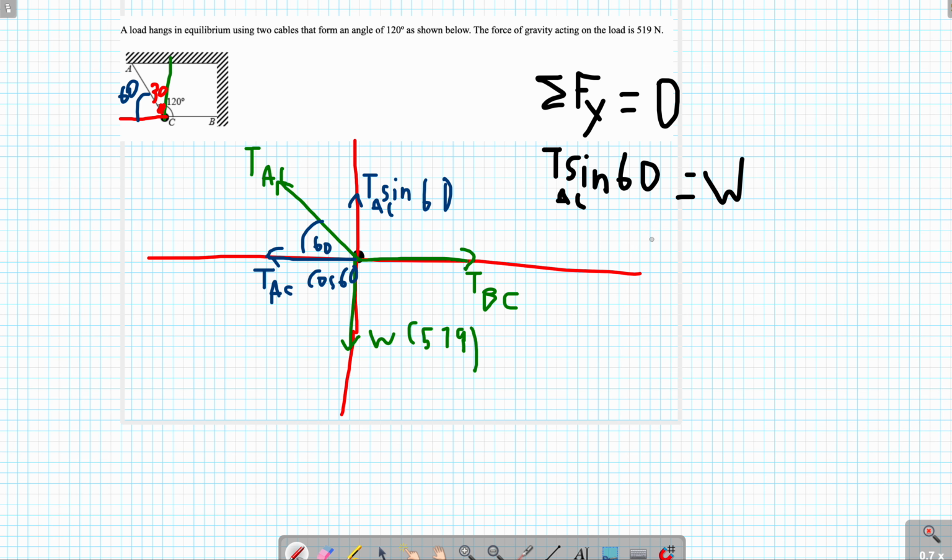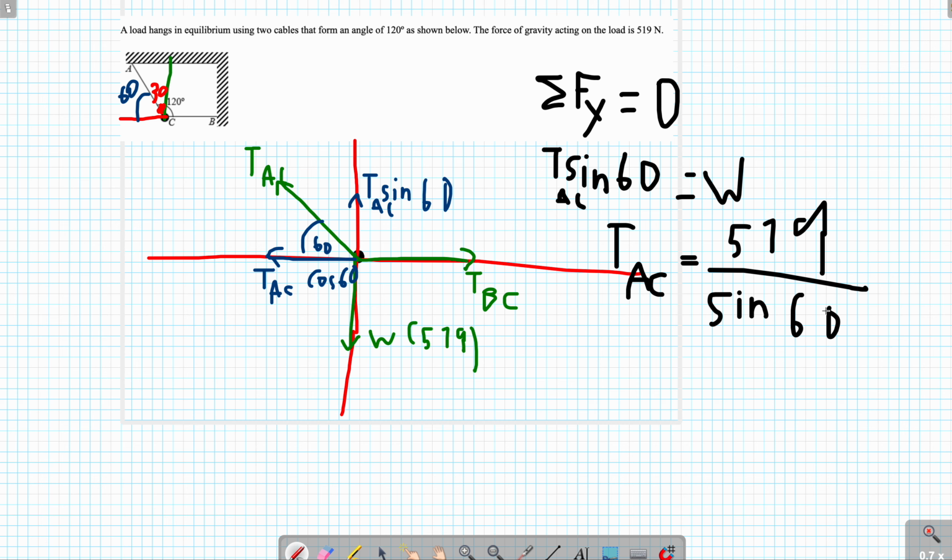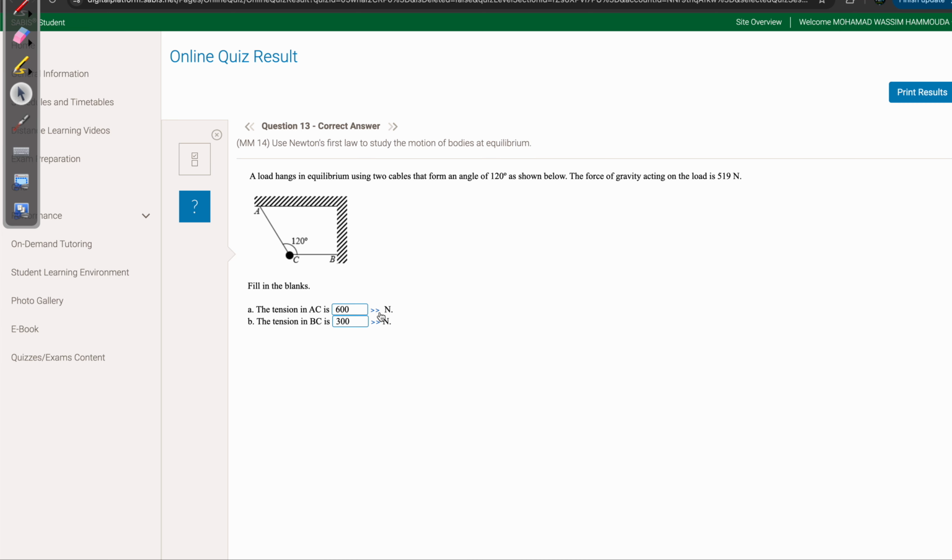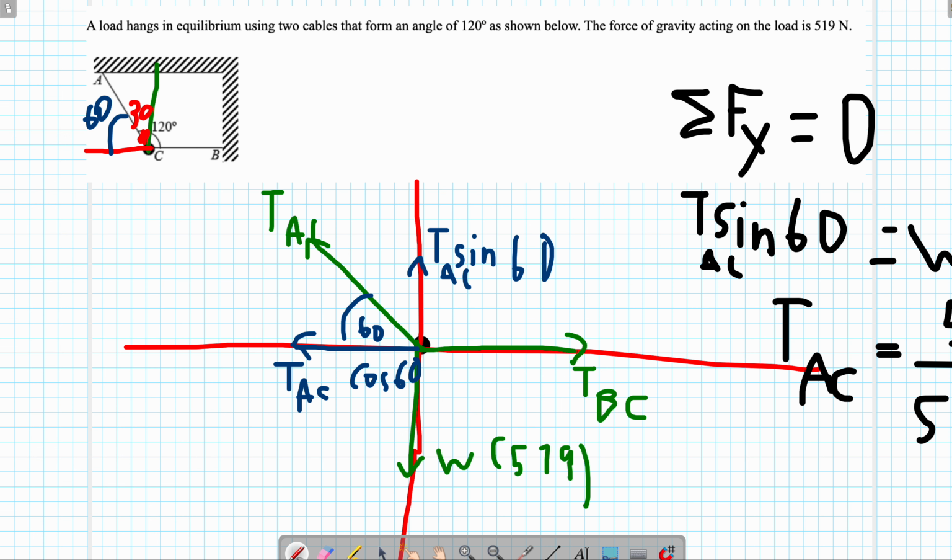So TAC is equal to 519 over sine 60. So again, 519 over sine 60, which will give us 599.28. I don't know why it's 600. There has to be something wrong with the quiz, because there is no chance that it should be like this.